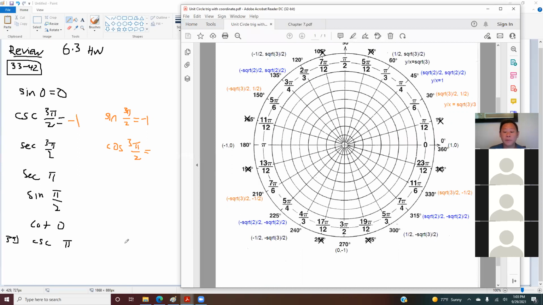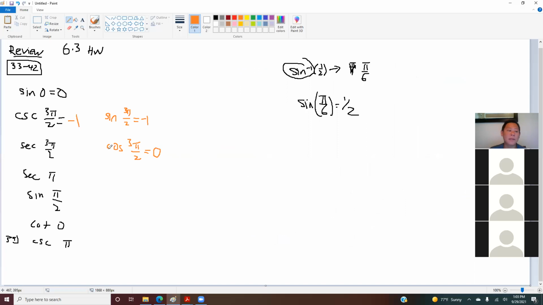What's cosine 3 pi over 2? 0. So secant means you have to flip it, right? Do you know what happens when you flip the 0? It will be undefined, yes, because the 0 is in the denominator now. So it will be undefined.